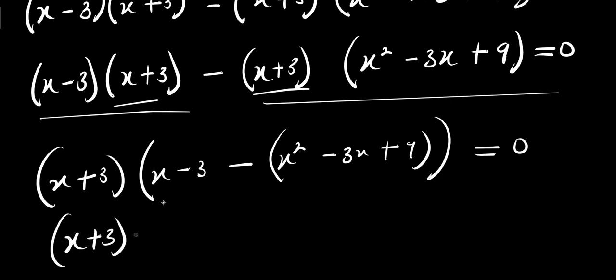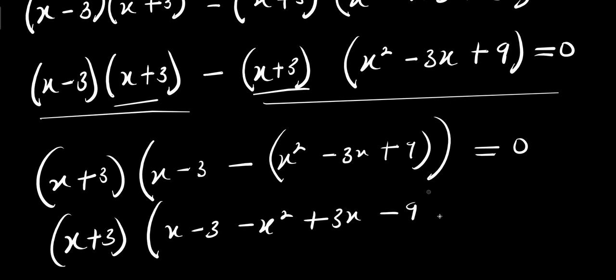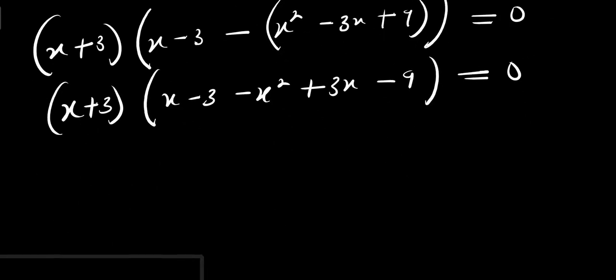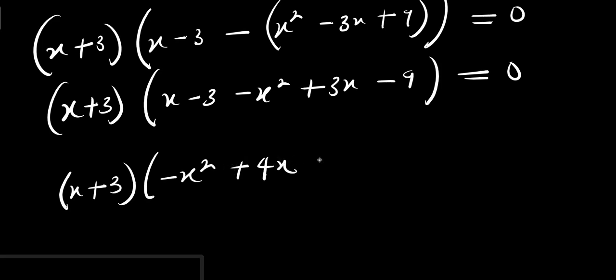And here we have x plus 3 times x minus 3 minus x squared plus 3x minus 9 equals 0. So from here, we have x plus 3 times minus x squared plus 4x minus 12. This plus this is 4x, this minus 12 equals 0.